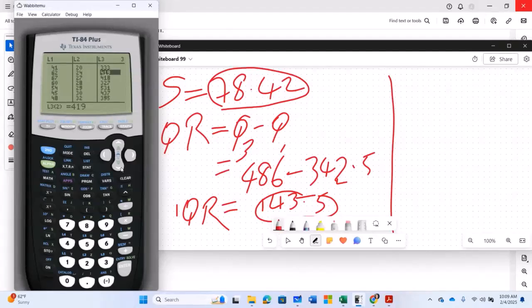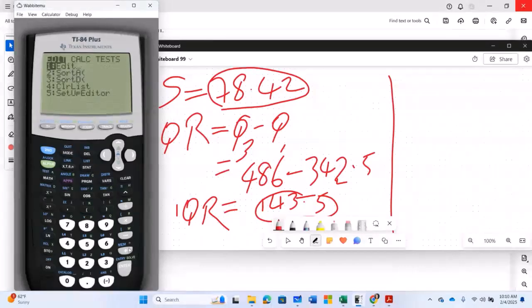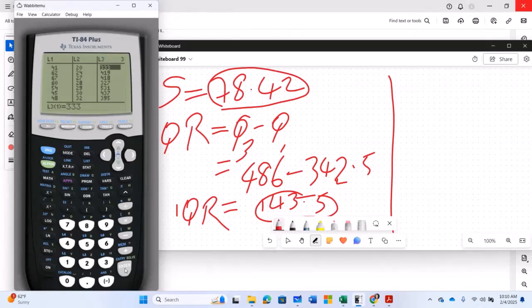So I'm going to go to 326 and put in 0 because we found out that he only used 0 since he wasn't using his phone. So this is 0, enter. Now I'm going to calculate again one variable stat of this data, replacing 326 with 0. Let's see how it affects the original data.